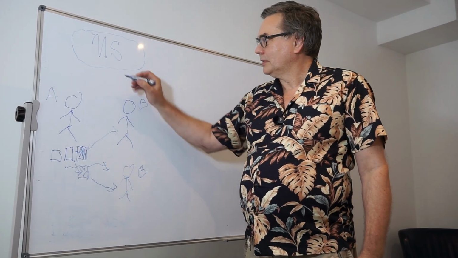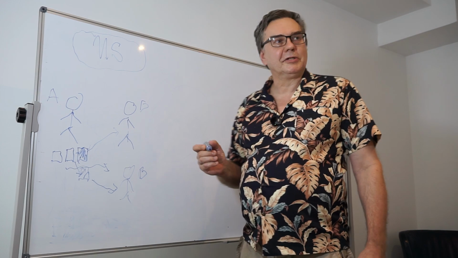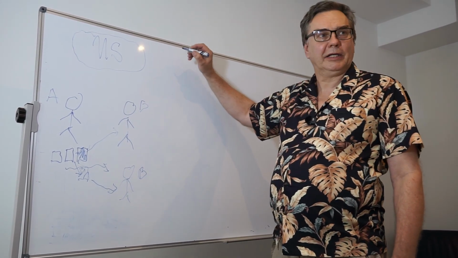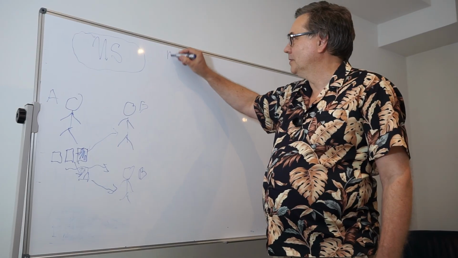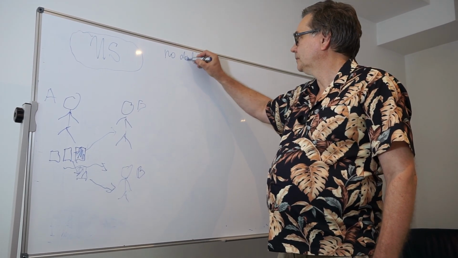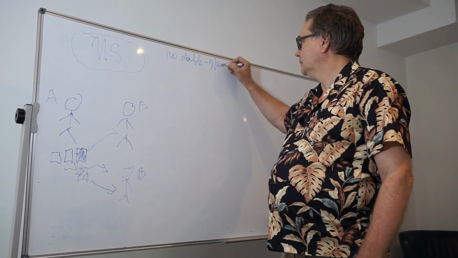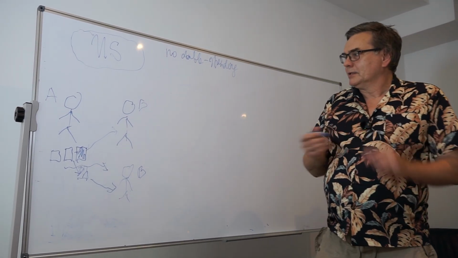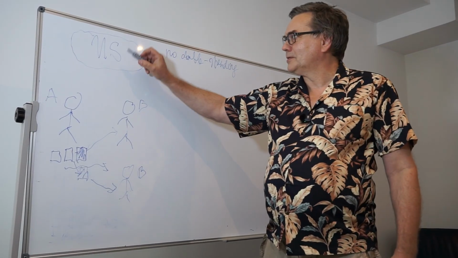So how to guarantee this no double spending property that I mentioned? Let's list the properties that we want to have. So first, no double spending. Okay, so what does this service do?